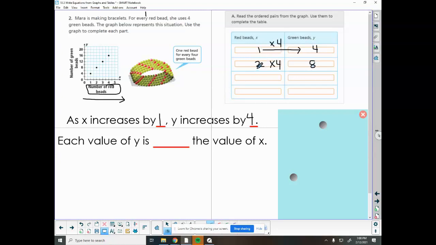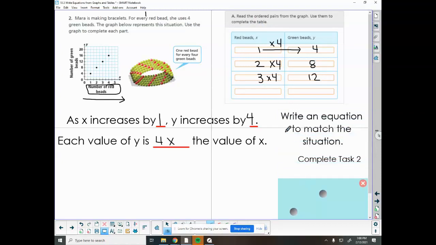On the second bead of red, that means they've times 4 to make 8 green beads. When we've done 3 red beads, we times that by 4, and that tells me I've done 12 green beads. So 3 red, 12 green. It's following the same pattern. So Y is 4 times the value of X, or I could say that red, going backwards, is 1/4.